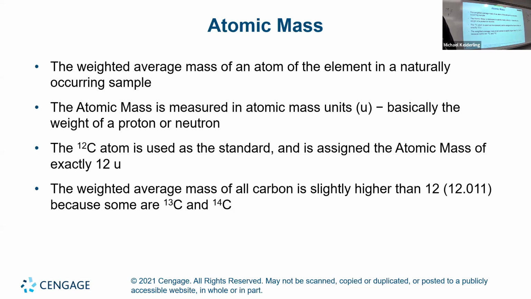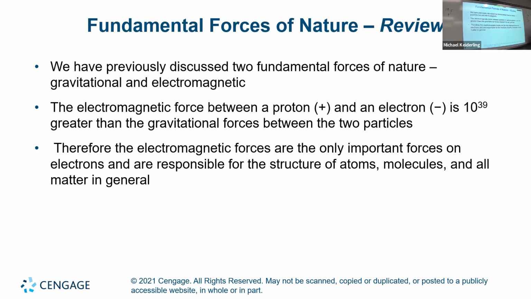This is why you get things like chlorine, which is about 35.5, because it's a mixture of chlorine-35 and chlorine-37. And then there's beryllium, which is even a mixture of 2 isotopes, more or less.